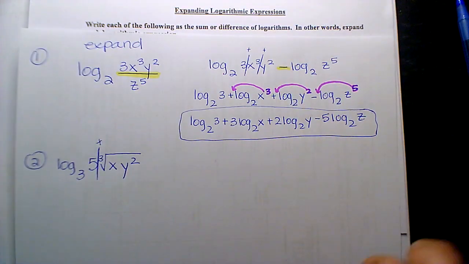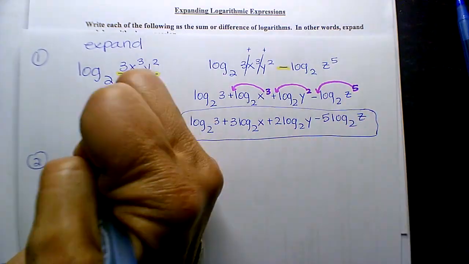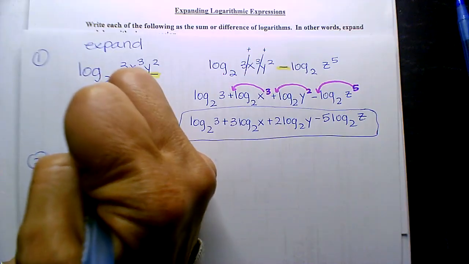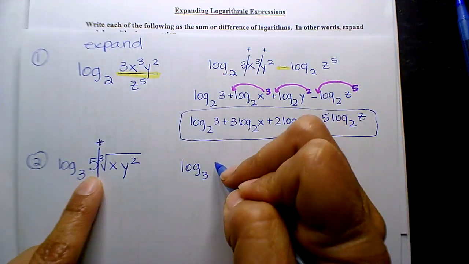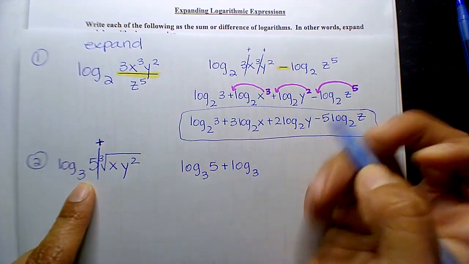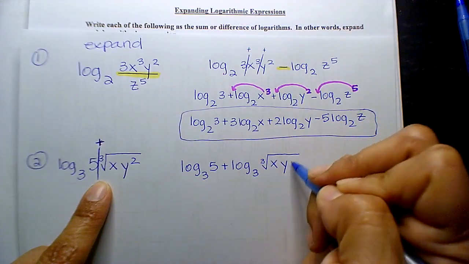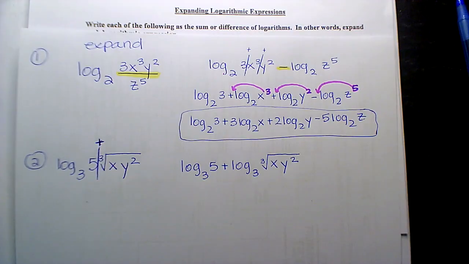At least I'll just break it up first. So log base 3, and this is supposed to be a plus sign, not an x. Okay, log base 3 of 5 plus log base 3 of the cube root of x y squared. So I at least split those up.